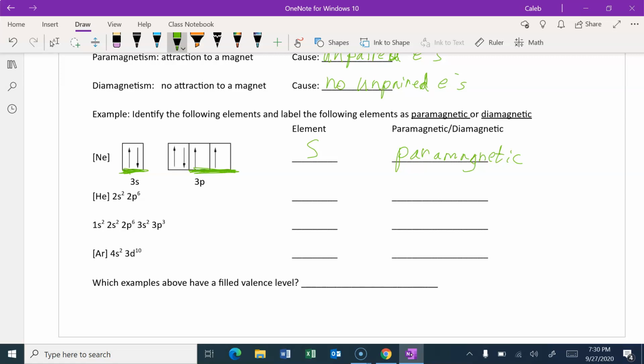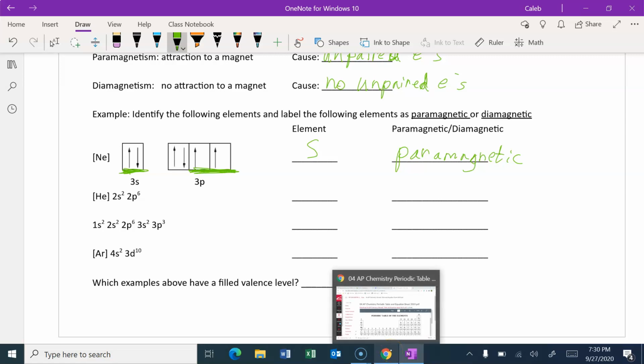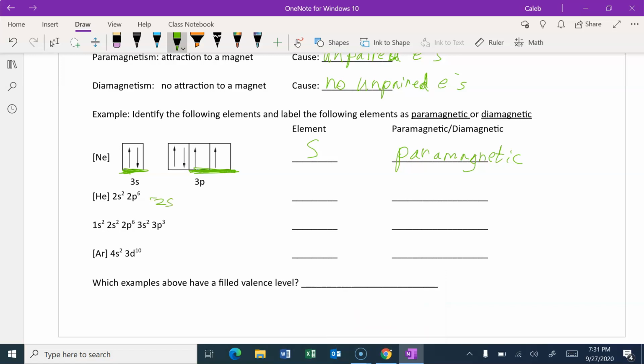All right, He 2s2, 2p6. Well, you got to draw the orbital diagram to really know. So we're going to say 2s, 2, and then we have 2p, 1, 2, 3, 4, 5, 6.